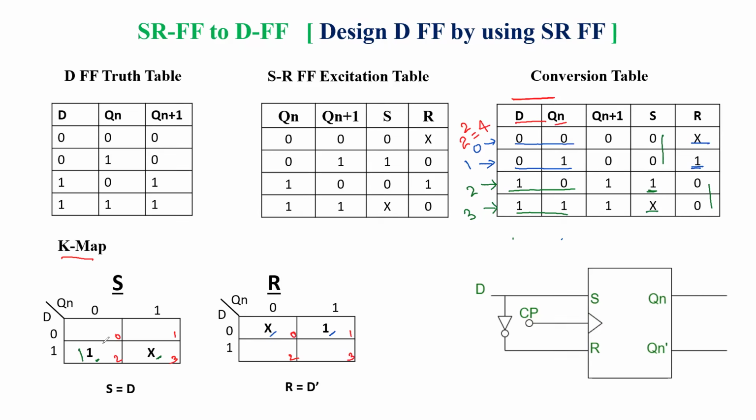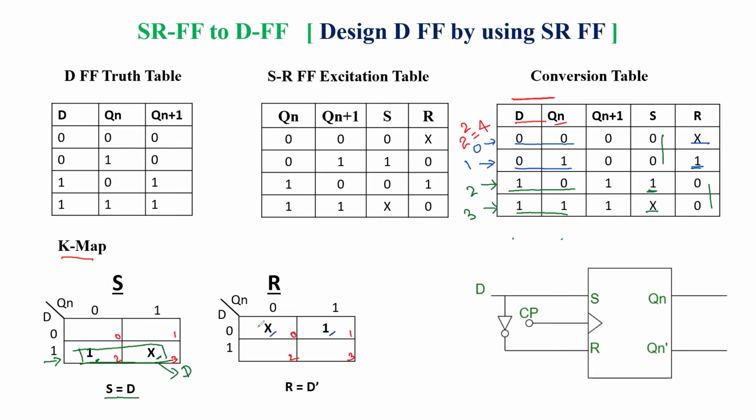So now you will make the pair of 1 and don't care, that is box 2 and 3, min terms 2 and 3 here. Row-wise the common variable is D, column-wise nothing is common. So here we have S equal to D.